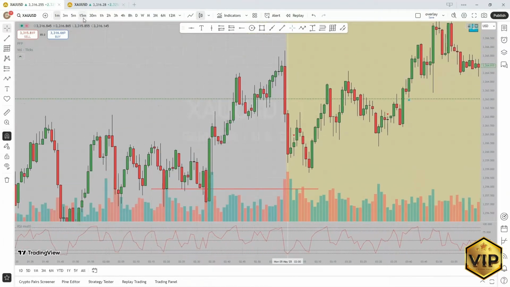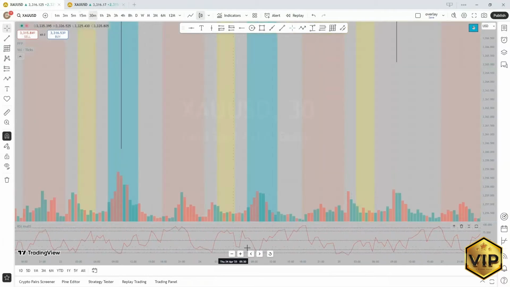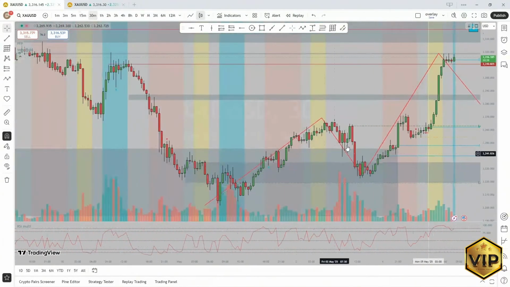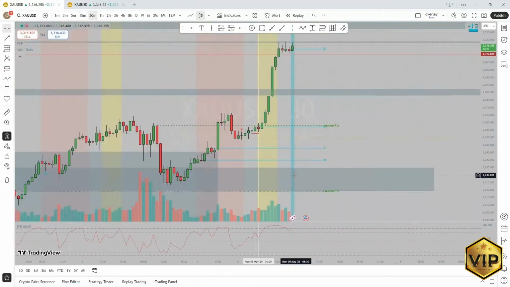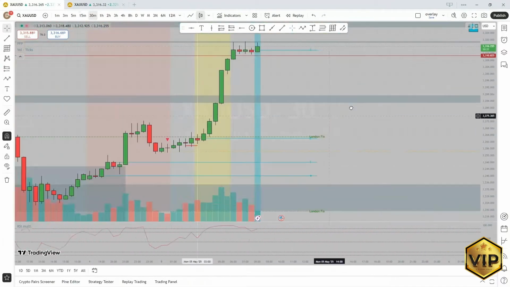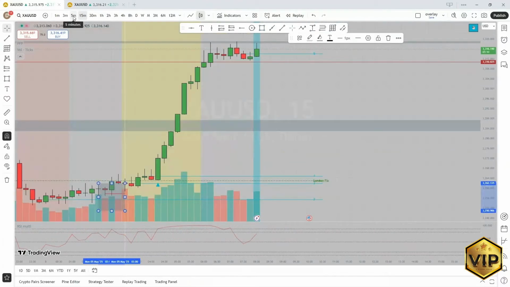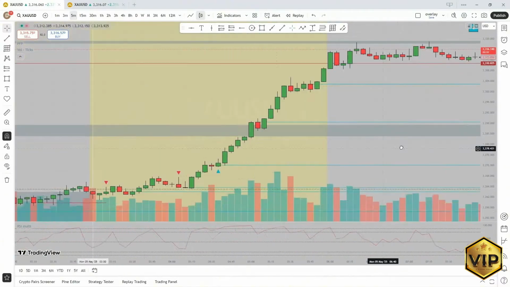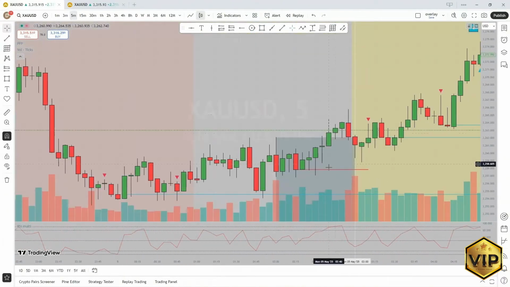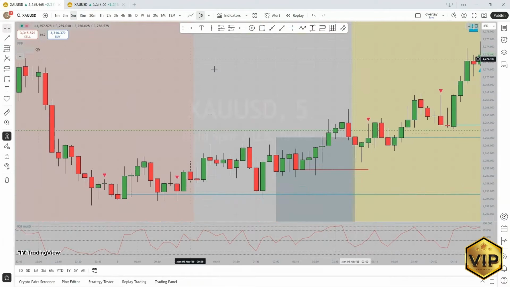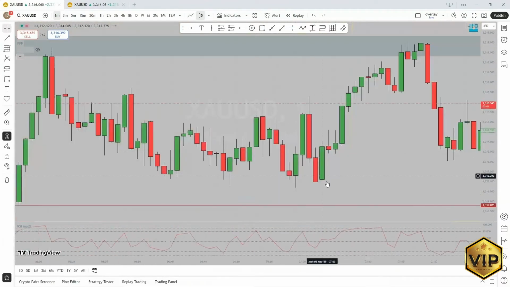If I mark the area, then we can find out more. Let's get rid of this first. So this was the M30 breakout. So we're playing with this area. Like I said, M15 nothing, M5 nothing, no pullback here. Nothing.